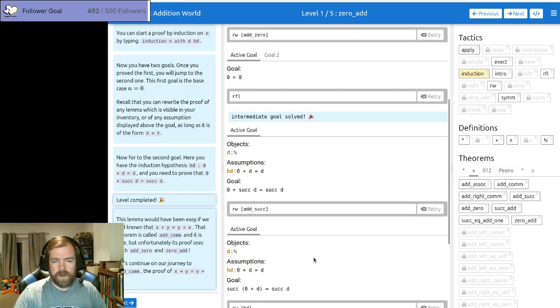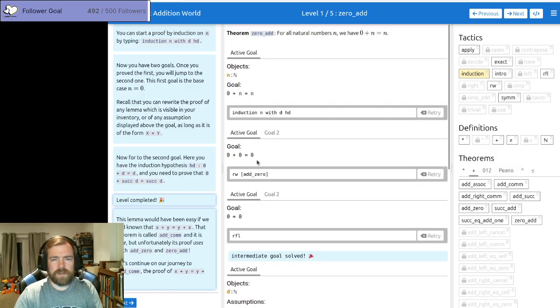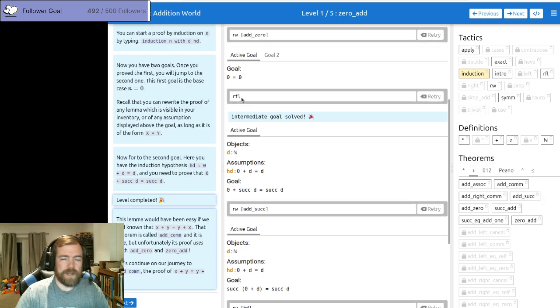So when we go through this, we said, okay, this is the goal, 0 plus 0 equals 0. We just said rewrite the add 0 function, which says 0 plus 0 is just 0. So 0 plus 0 is reflexive. That's our base case. And then when we move here, we assume that we can use 0 plus d is equal to d, and then we have to show that 0 plus the successive of d is equal to the successive of d.